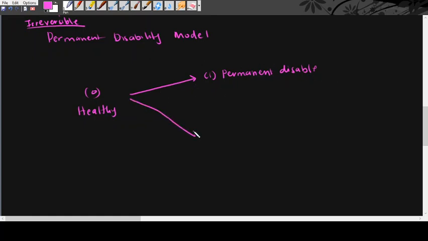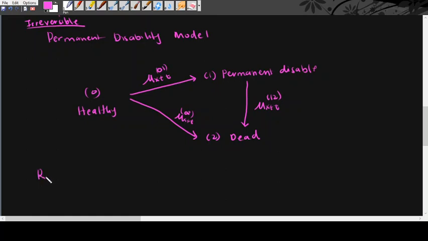Or from healthy can go directly to state 2, which is death. The rate of going to state 1 would be mu x plus t 0 1. Here would be mu x plus t 0 2. And the policyholder also can go from permanently disabled to death, which is mu x plus t 1 2. You see, the arrows only go one way.